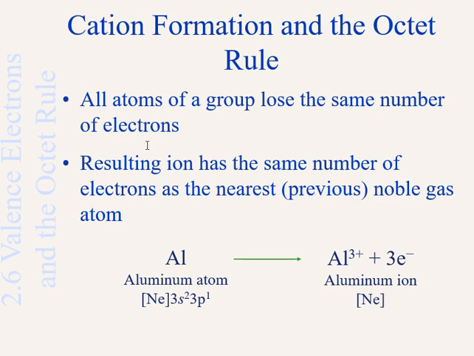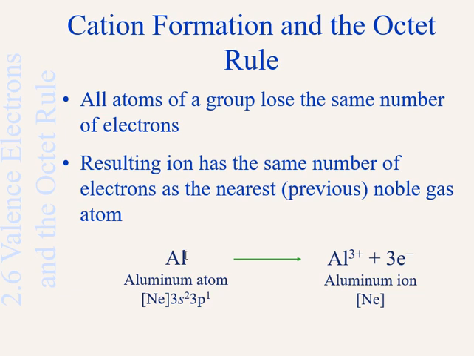So keep this in mind: metals want to lose electrons and non-metals want to gain electrons. All atoms of a group lose the same number of electrons. Within a group such as group 1A, all the metals will lose one electron. In group 2A, all the metals will lose two electrons.